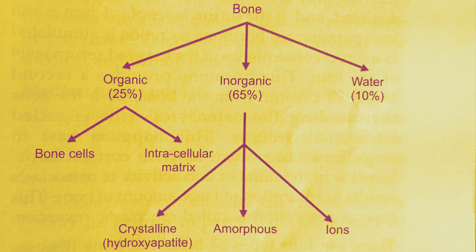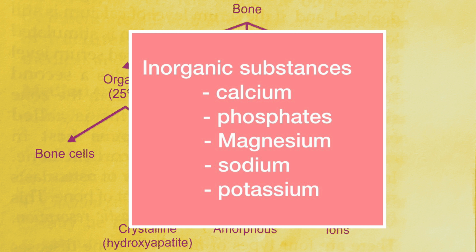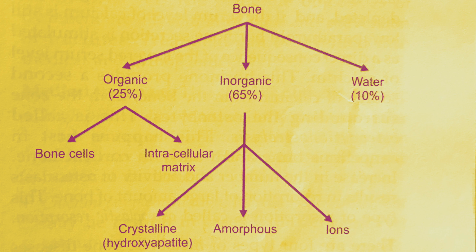The main bulk of the inorganic constituents is formed largely by calcium and phosphates, and in minor amounts by other minerals like magnesium, sodium and potassium. Calcium and phosphates are present in crystalline, amorphous and ionic forms in the bone.